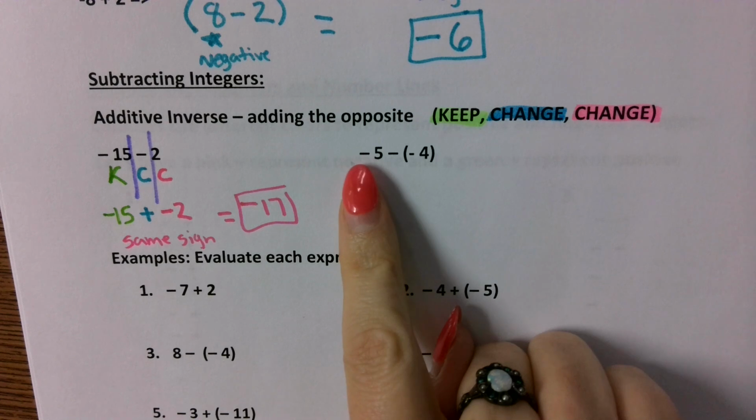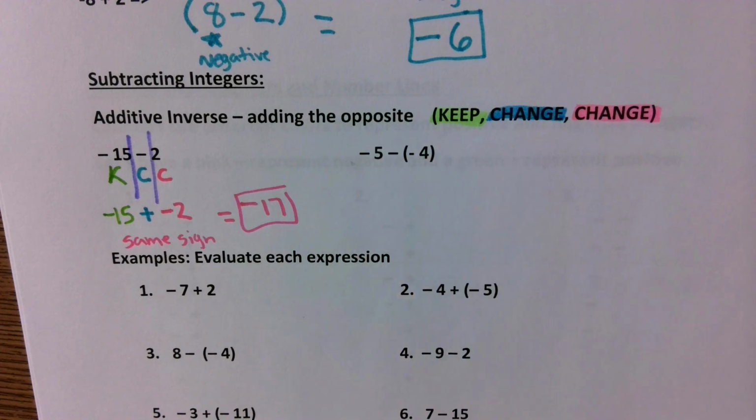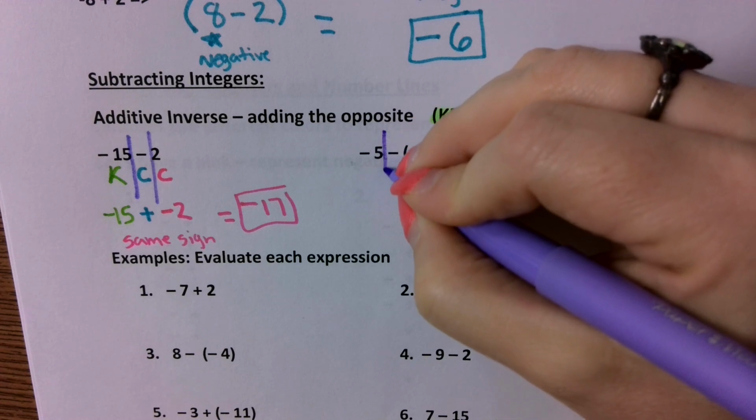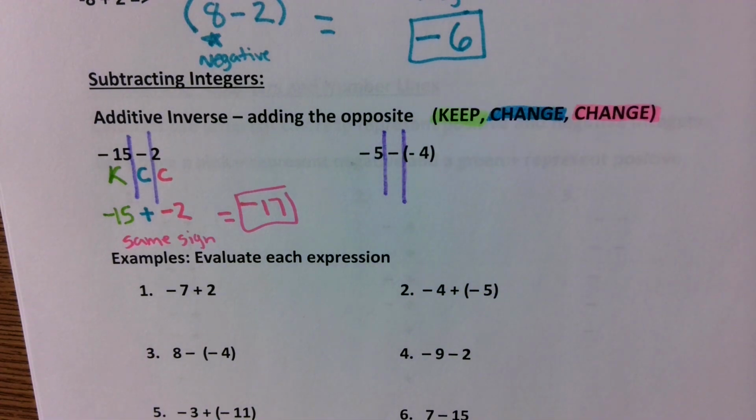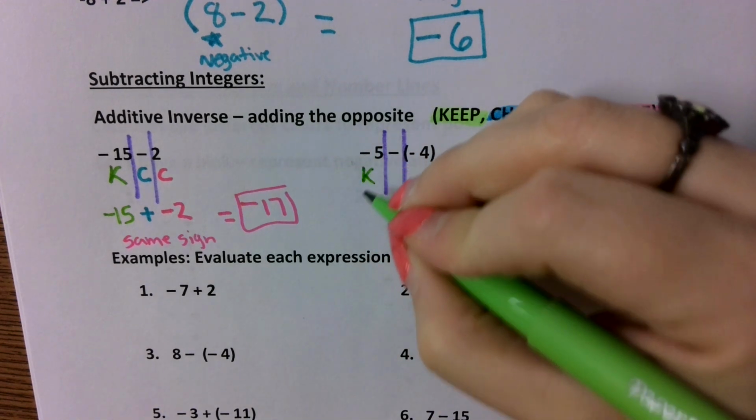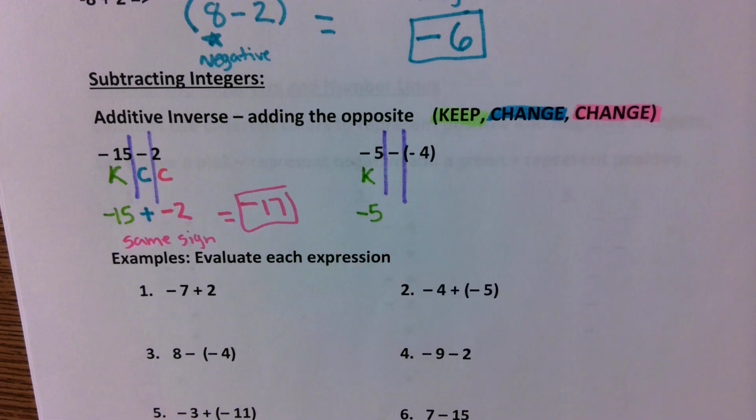Right? For here, we have negative 5 minus negative 4. Again, it is a subtraction problem. We want to change it into addition so that we just follow our addition rules. So we're going to set up our walls, splitting it into 3 parts. We're going to keep the first number just as it is. It'll stay a negative 5.